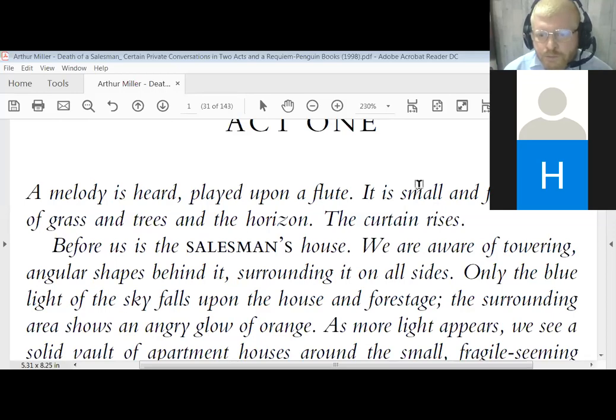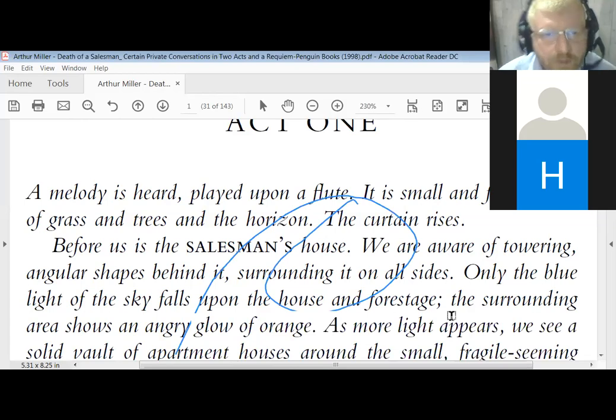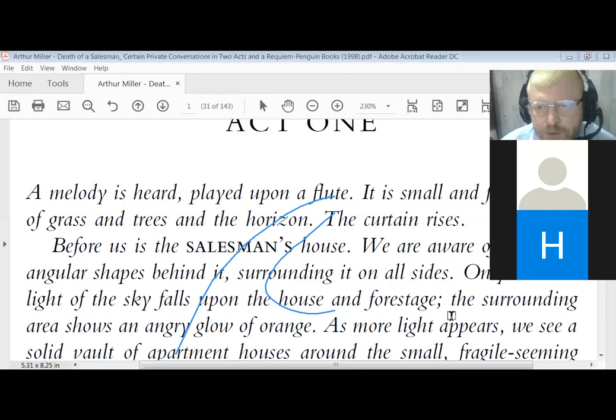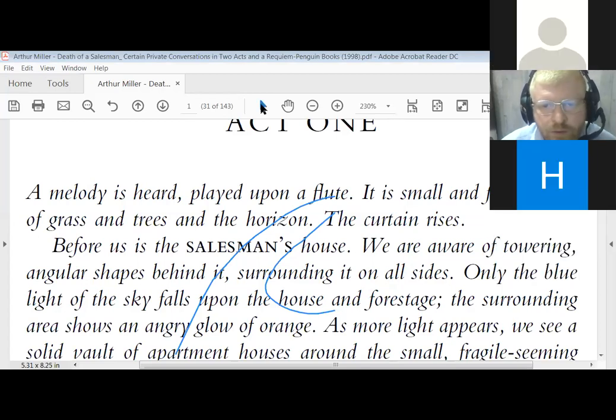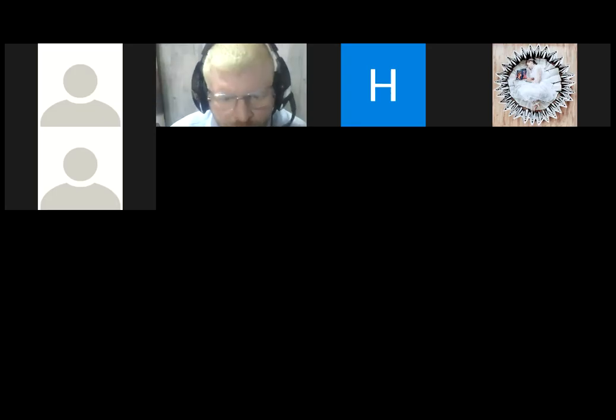Can you see it? Can you see the text of the play? Yes, we can. Okay, good. So some students are doing some annotations on the screen.